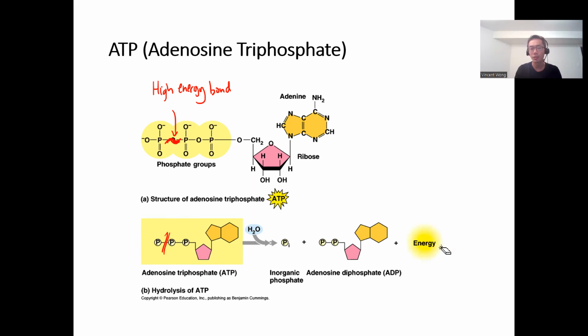You can use this energy for anabolism, for example, for building proteins, for building glycogen, for building whatever you need to build. Without the P, now it only has 2 phosphates, so we call it adenosine diphosphate, ADP.